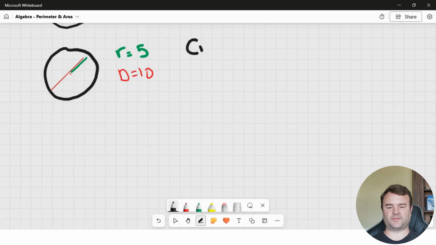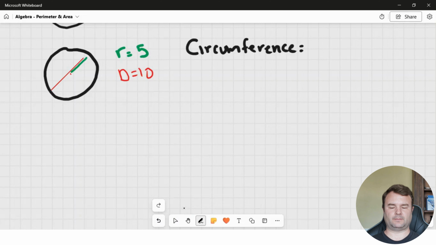Now let's find circumference. And that is equal to 2 pi r. Now plugging in our numbers from our circle.